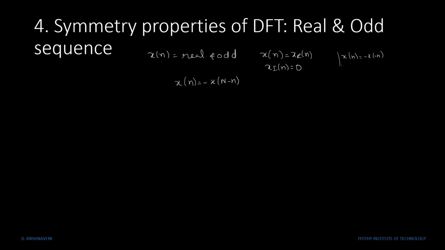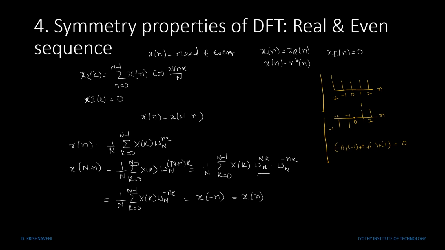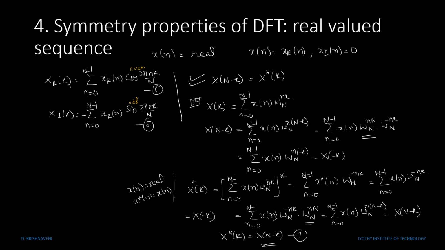And another thing about xr of k: xr of k is summation of x of n into cos theta, and xi of k is summation of x of n into sin theta.